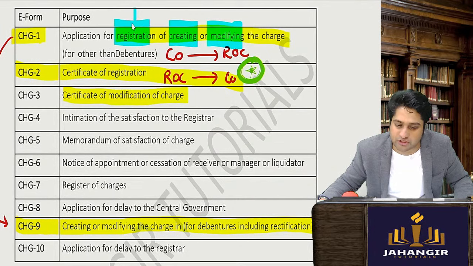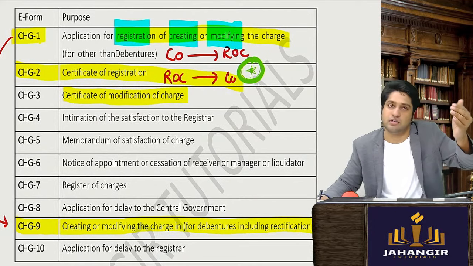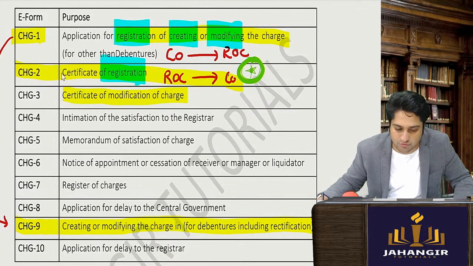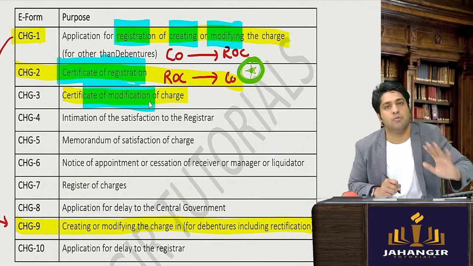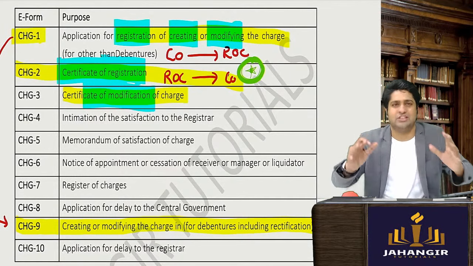But the certificates in CHG 2 and 3 are separate: this is the certificate for registration, this is the certificate for modification. Now, this is creation and modification.